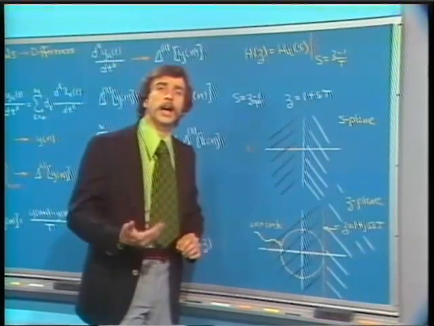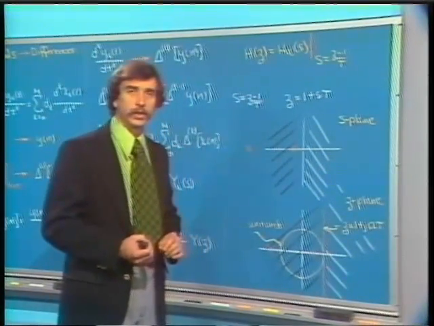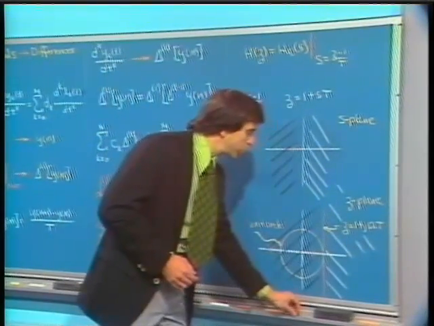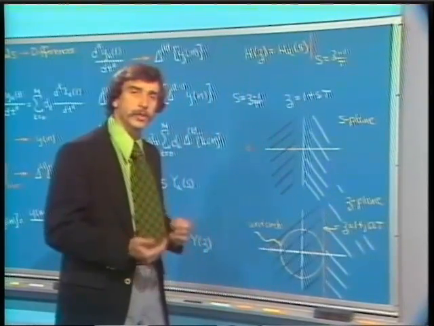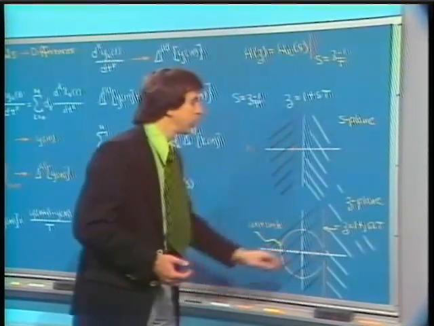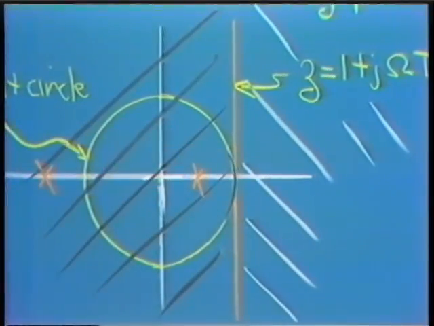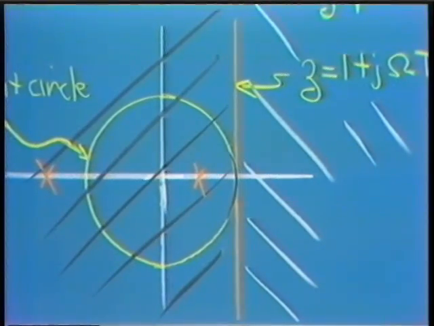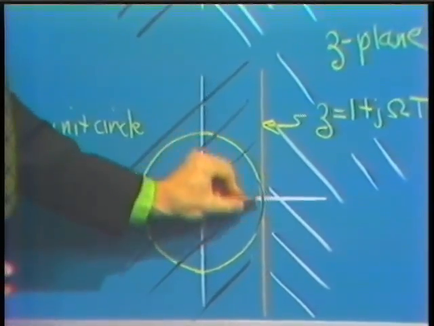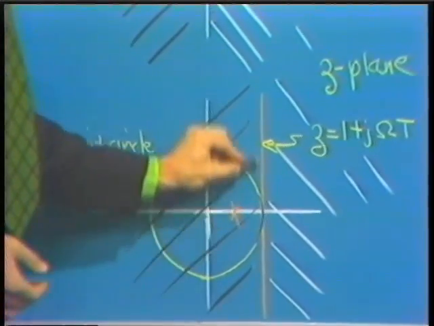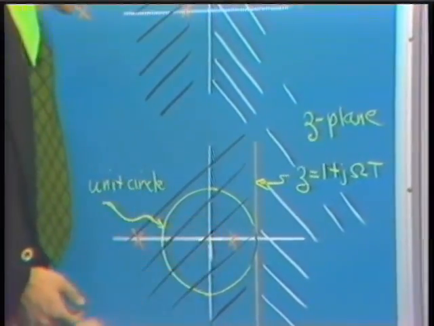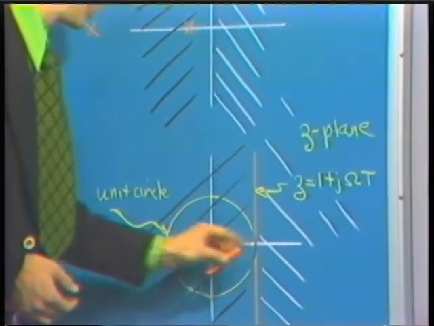If we very highly oversample the signal, much higher than the Nyquist rate, then the portion of the z-plane where the signal spectrum falls is the portion in the vicinity of z equal to 1. And you can see that in that case, that portion of the unit circle is pretty close to this line, which was the mapping from the j omega axis into the z-plane.